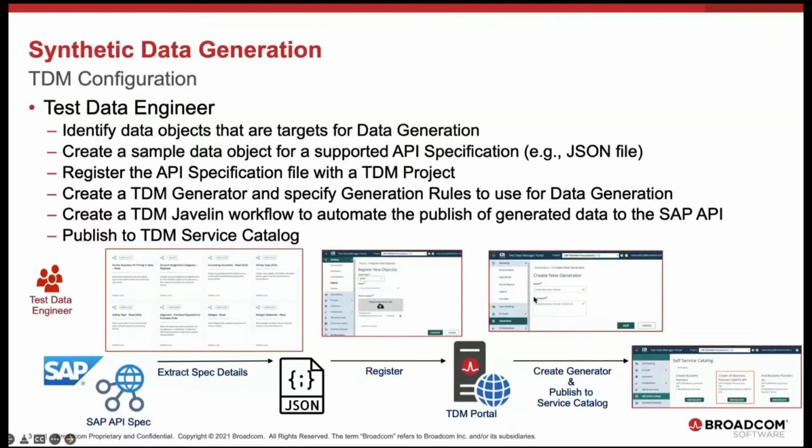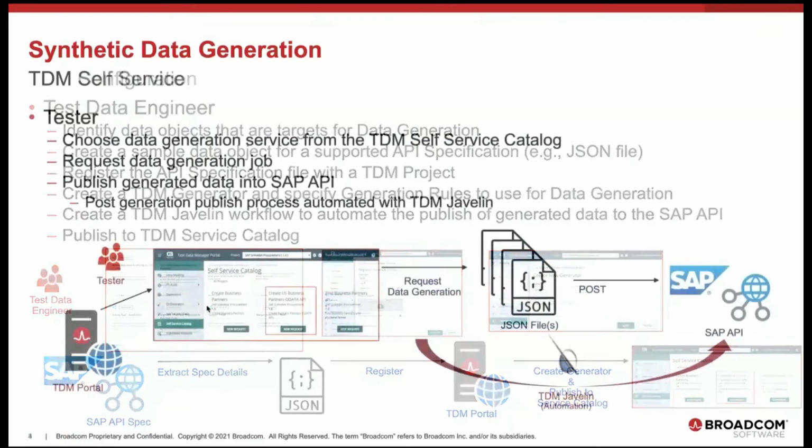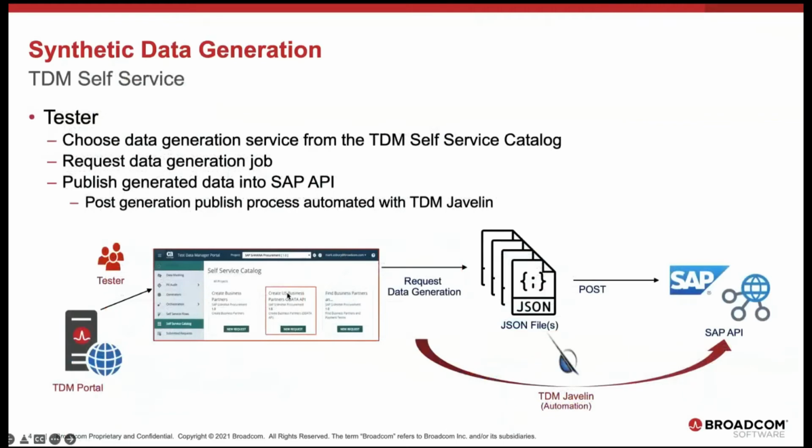But once you've completed those, then you can publish it as a service where testers can come in and use this test data service that's been created for them to push data into this environment, right? So basically, a tester would log in, go to their service catalog in Test Data Manager, select this particular data generation service, and request the data to be generated for them.